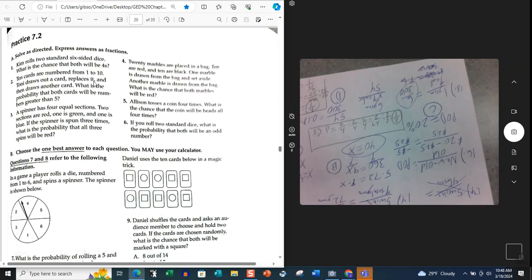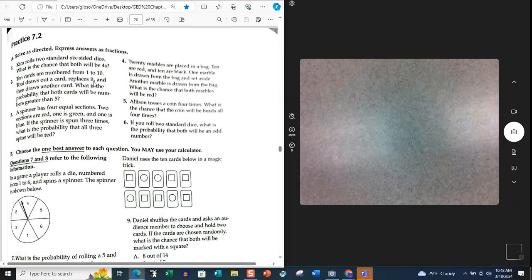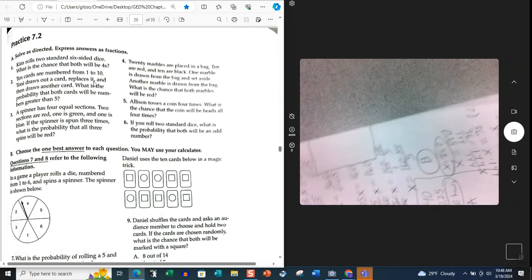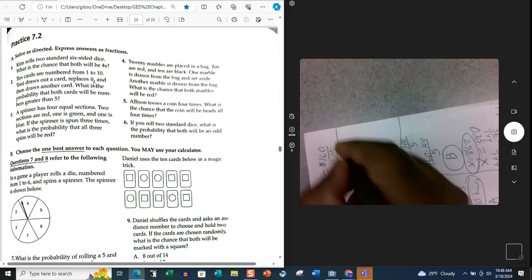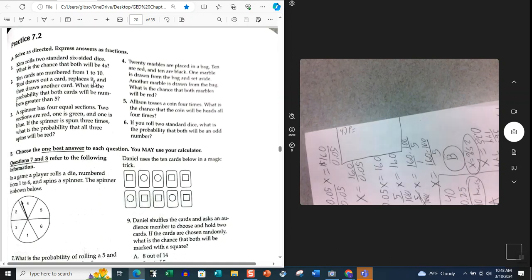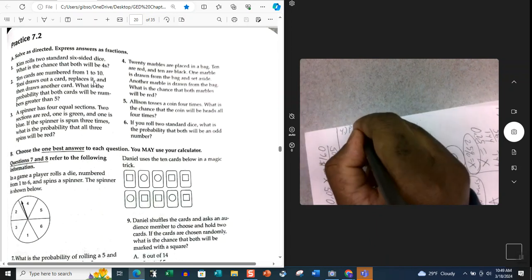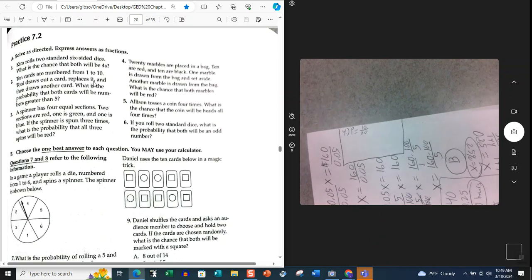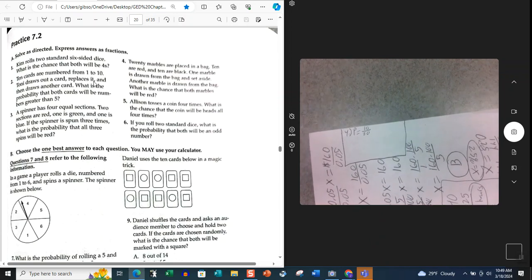Okay, so now we got to do a little something different here. It's not that much different, but it's still a little different. So this is number 4. So the first marble we pulled would be out of 20. And they said, what is the chance that both marbles are red? So we know it's 10 out of 20 because it's 10 marbles that are red.